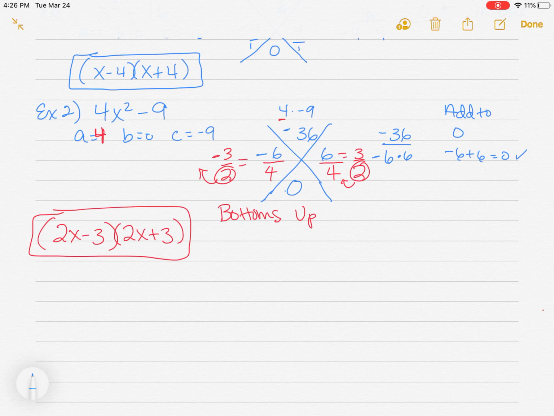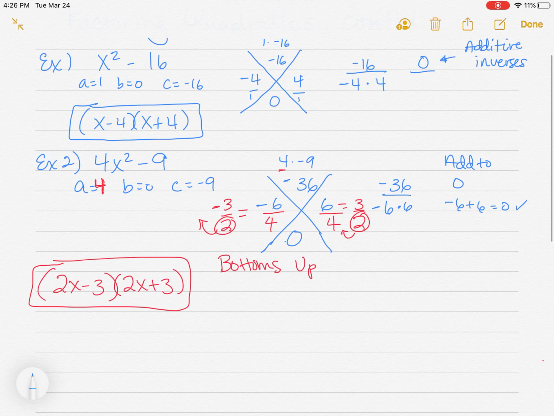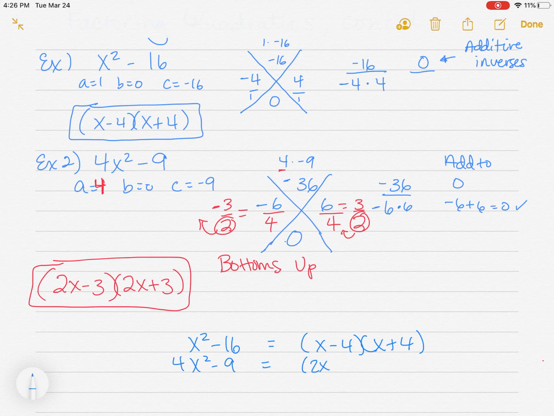Let me tell you the factors of a few more. Let's think about this for a second. I said x squared minus 16 factors to x minus 4, x plus 4. We factored 4x squared minus 9, and that gives me 2x minus 3 and 2x plus 3.